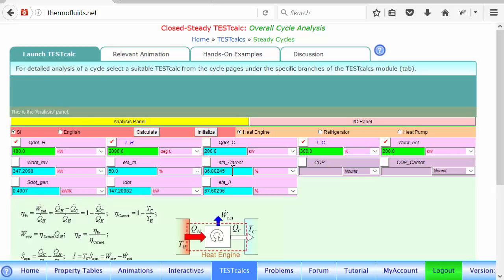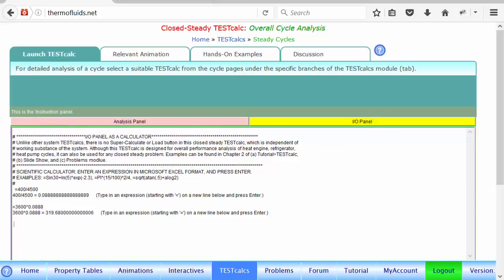The eta Carnot that we found here, 1 minus Tc over Th, should be 1 minus 300 divided by 2000, which should have been 0.85.